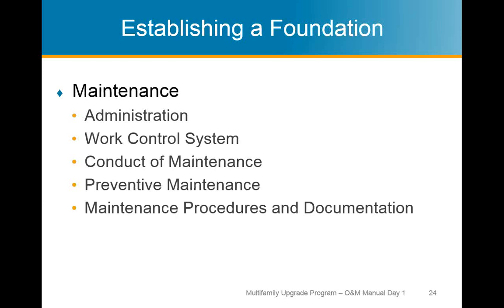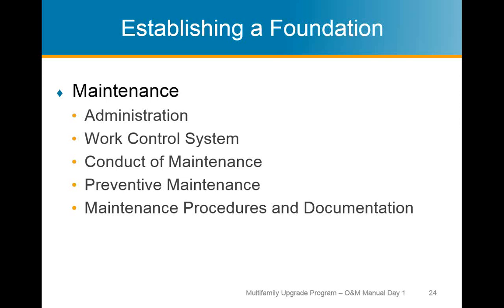So now we start getting a little more granular into the actual systems preventive maintenance side of things. So for the maintenance phase, again, we're leading with administration. So all that is saying is there has to be a strong administrative structure in place to push the importance of this phase and this program onto the building staff and managers.